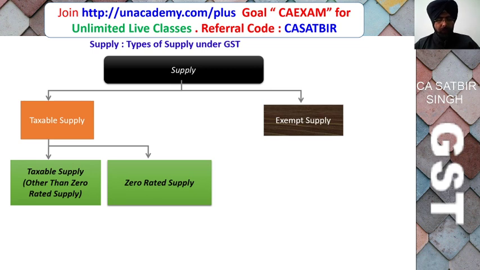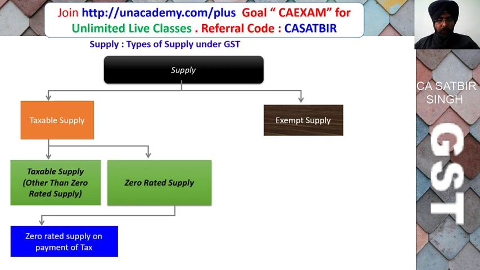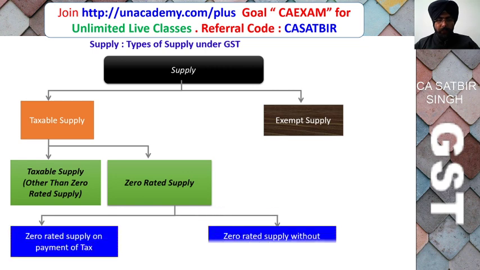Then also there is no GST, or you can pay with GST or without GST and then claim the refund. So zero rated supply can be of two types: zero rated supply on payment of tax and zero rated supply without payment of tax. We will study this concept of when you can supply with payment of tax and without payment of tax.